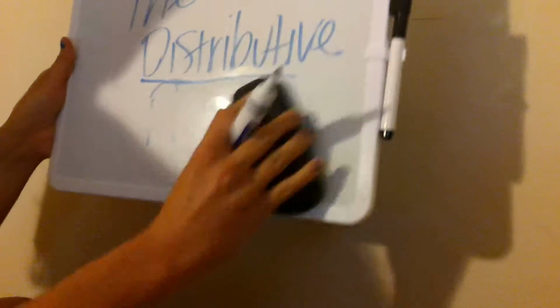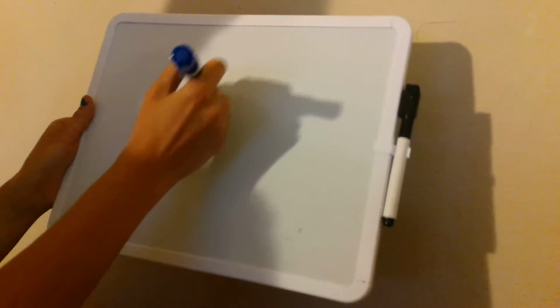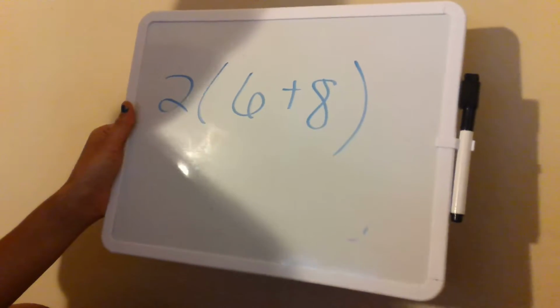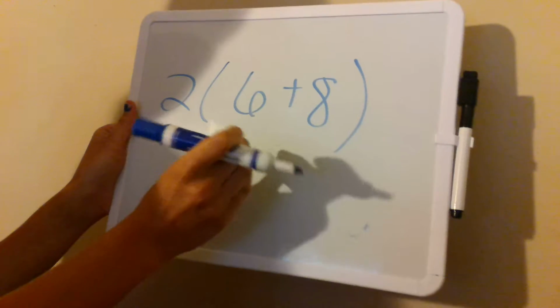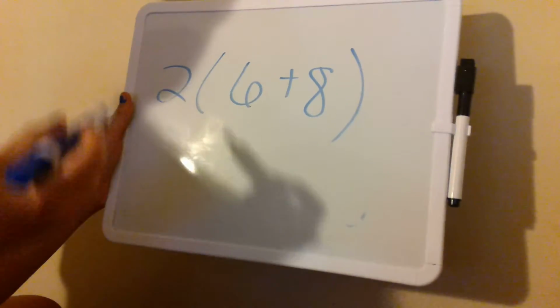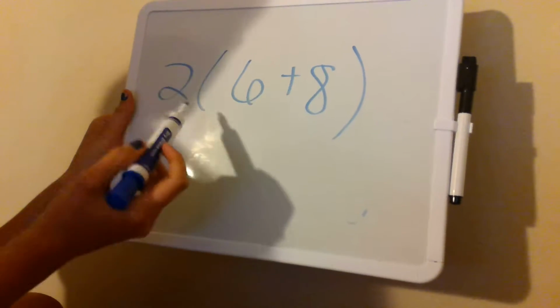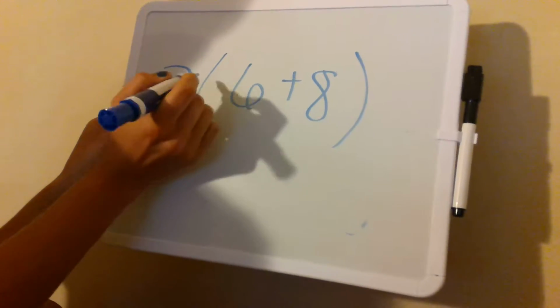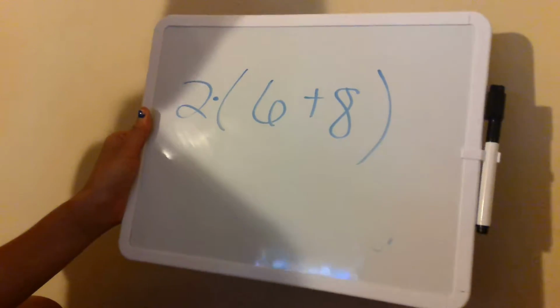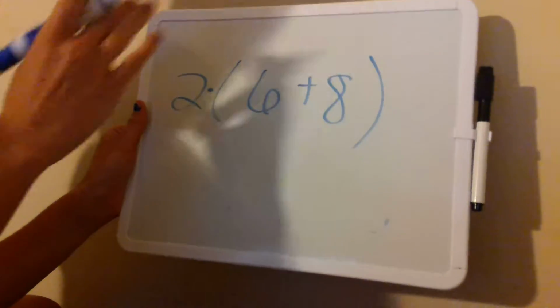So with the distributive property, you touched on it a bit last year, and the problems that you solved looked like this. You can solve that by order of operations by adding within the parentheses and then multiplying by 2. But since we're distributing, that means this 2, which is being multiplied, because we know that there's not a sign here, and if it's pressed up against those parentheses, that indicates multiplication, wants to multiply everything within parentheses.